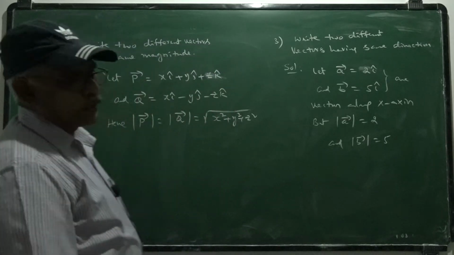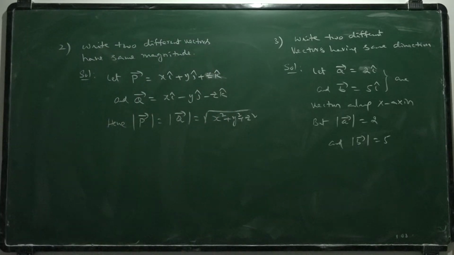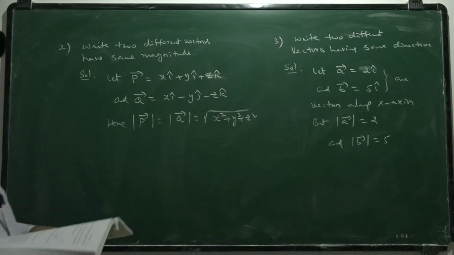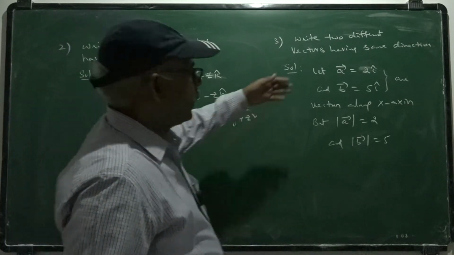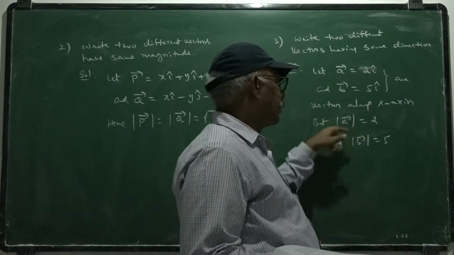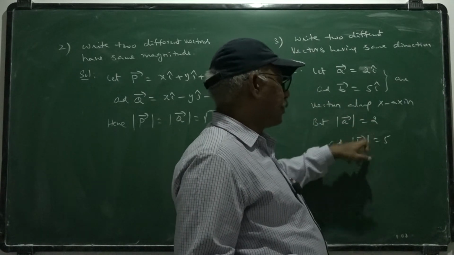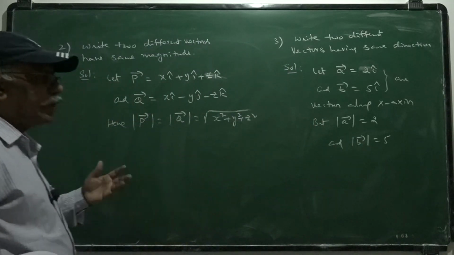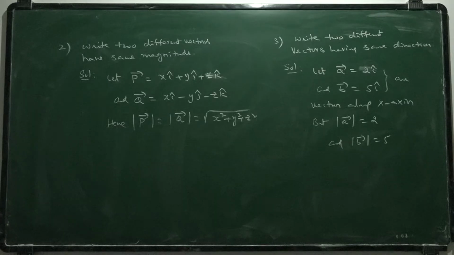The magnitudes are different, but the direction is the same. Both are along the positive x-axis. So, these are the two vectors having different magnitude but the same direction.